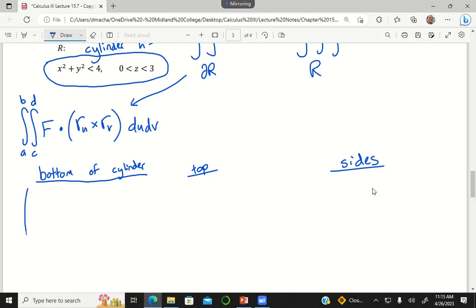Now for the bottom of the cylinder, if I write that as a parametric surface, I say x, y, and z is equal to some function of u and v. Of course, for the bottom of the cylinder, z is equal to 0. And I'm trying to map parameters u and v into coordinates x and y.